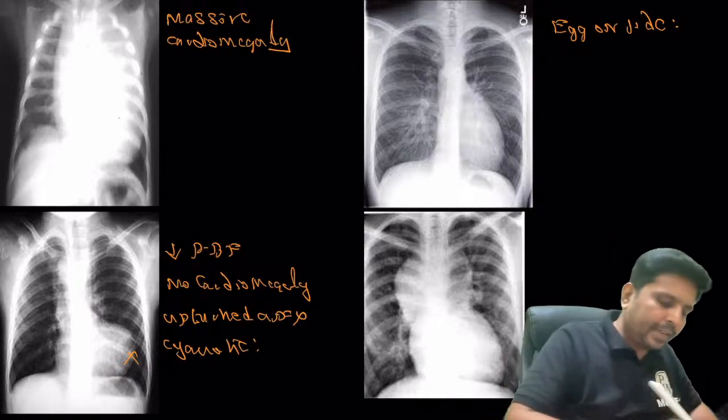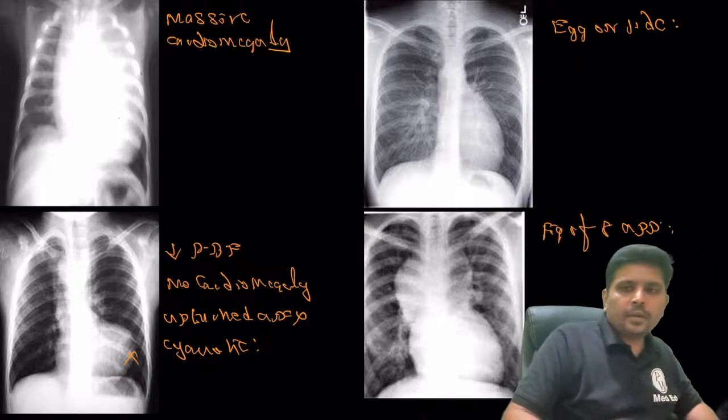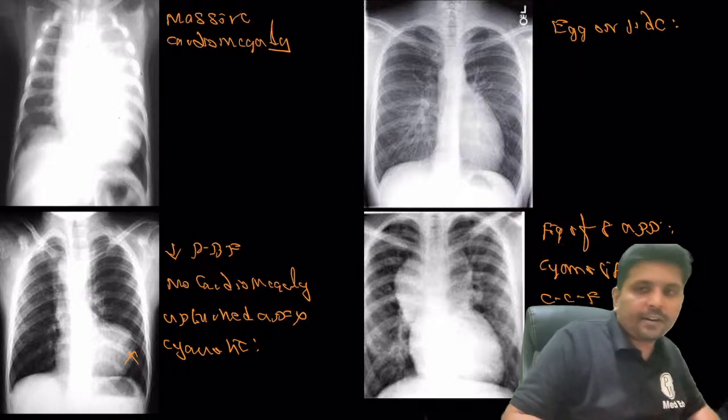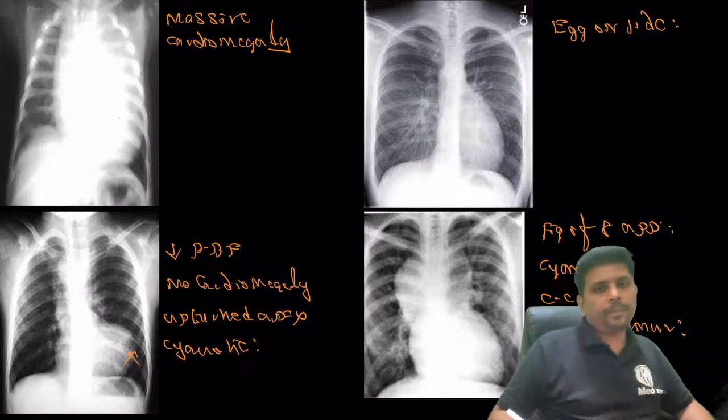Finally, I have a figure of 8 appearance, with cyanosis, congestive cardiac failure, and an ASD murmur.